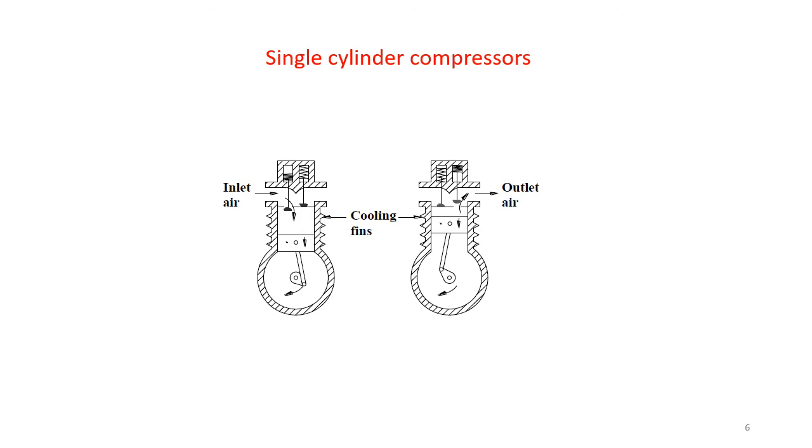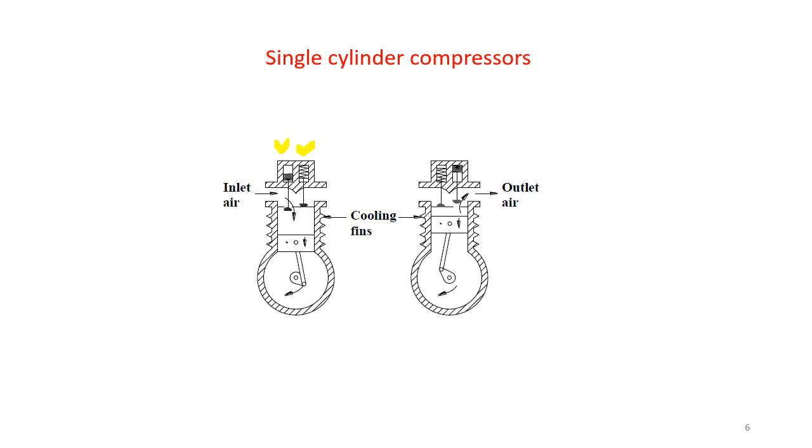So this particular diagram shows the construction of a single acting compressor. A single acting compressor consists of inlet and outlet valves. The air gets sucked in during the first half of the stroke of this particular piston.